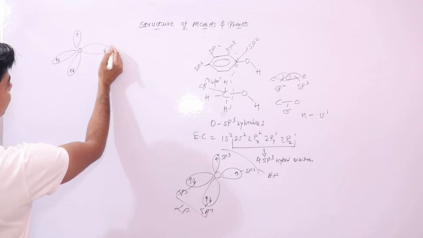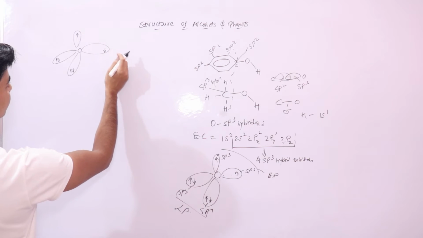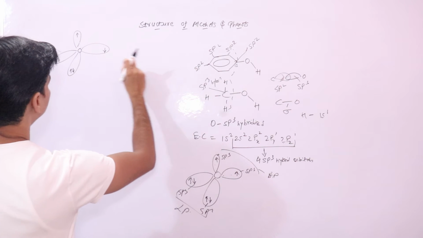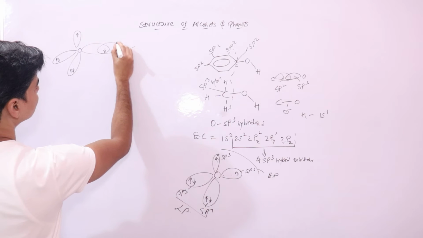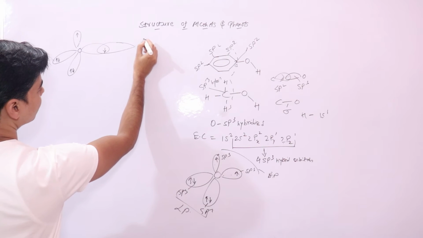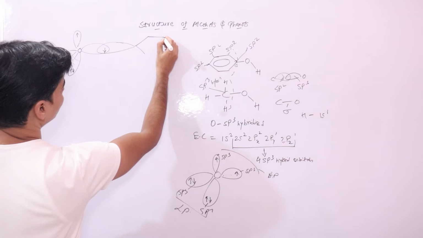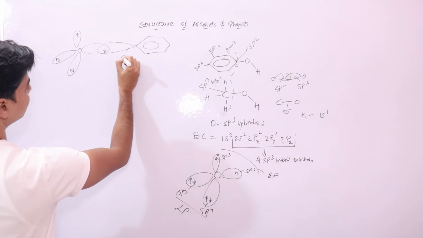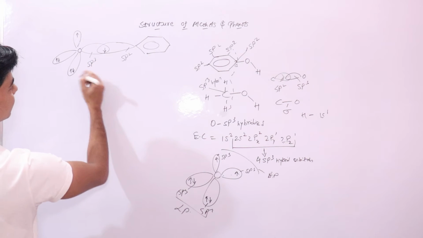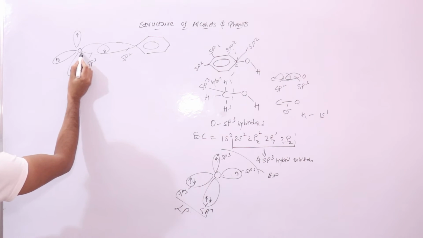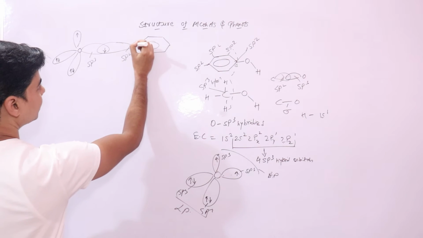So here this sp3 hybrid orbital will form a bond with, say, this sp2 hybrid orbital of your benzene ring. I've just reversed the direction, and this is your sp3 hybrid orbital of oxygen. This is the sp2 hybrid orbital of your carbon atom.